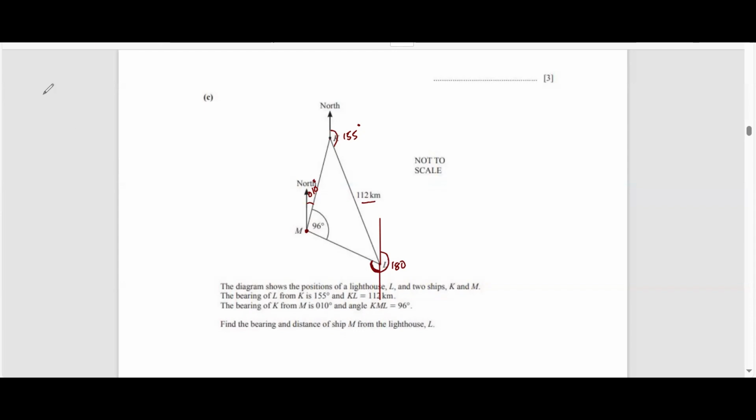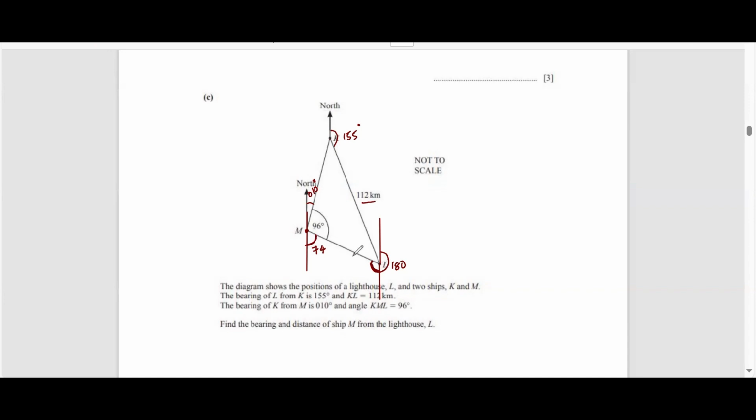For that, I'll extend this north line, drawing a south line basically. Now here, this is 10 and 96. 10 plus 96 is 106. So 180 minus 106 will give us 74 degrees. If this is 74, we know these two angles are co-interior or allied angles.